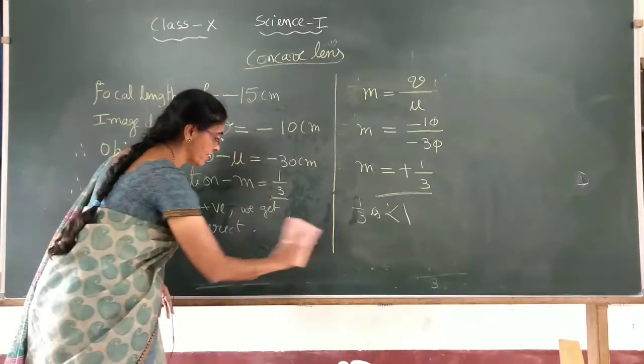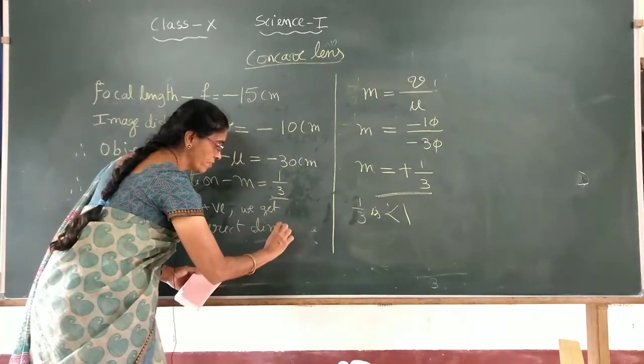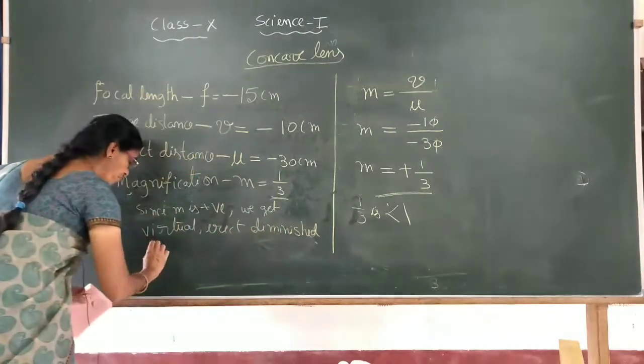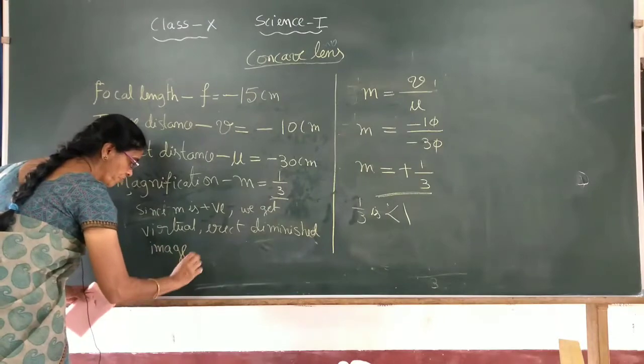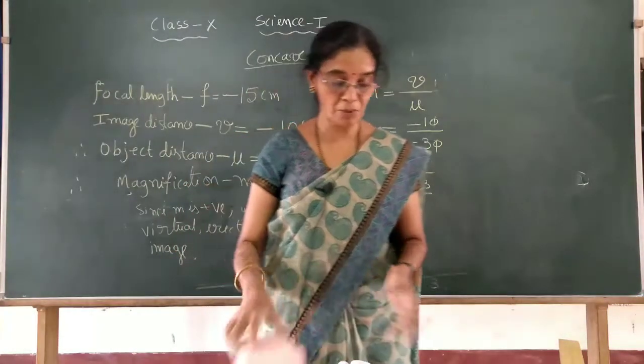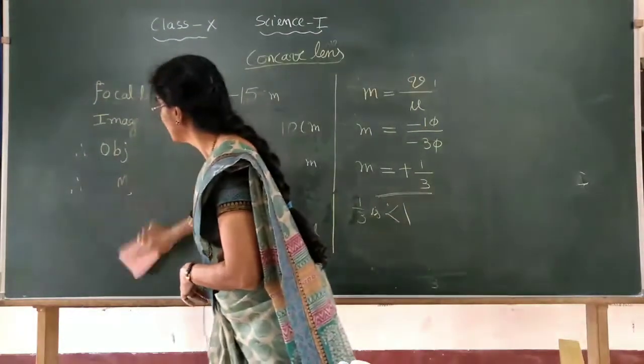We won't use small size, we say diminished image. So this is the way we can solve the problem, children, related to lens.